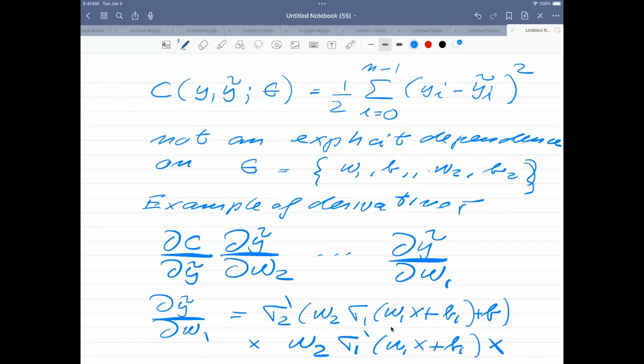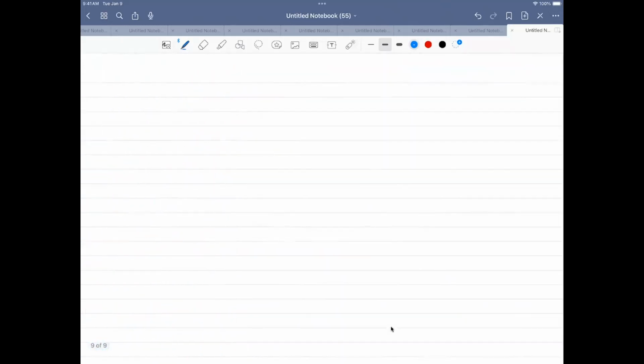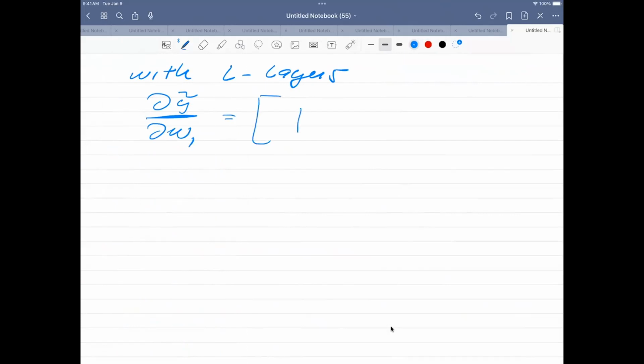Now, there's one thing I wanted to anticipate before we go on to the final equations for the backpropagation algorithm, because we need to set up all these derivatives. If we generalize this to a given set of layers with L layers, then this derivative of y tilde with respect to W1 is going to be a product of given functions.